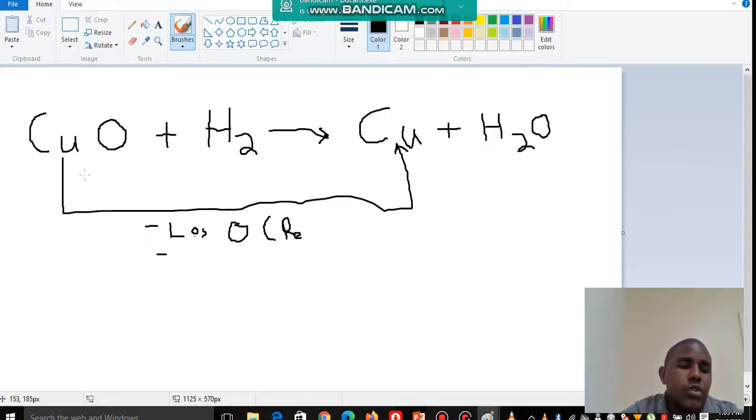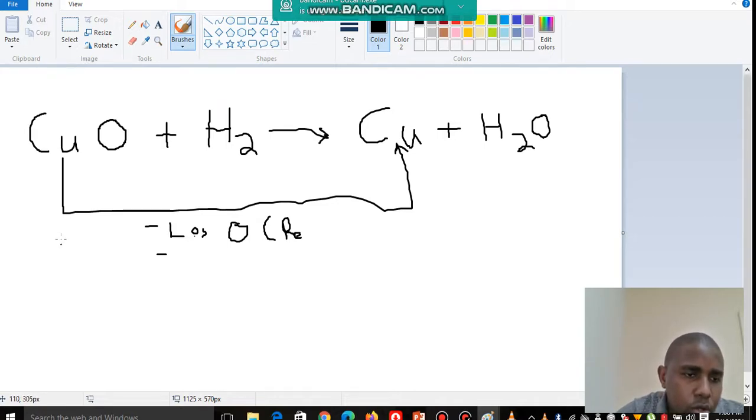In terms of oxidation state, if you want to look for the oxidation state of an element within the compound, you have to make it the subject, and based on the oxidation state of its combined element, you can then find out the oxidation state of the particular element you want to know. So in this case, we say the oxidation state of the entire compound is always equal to 0.